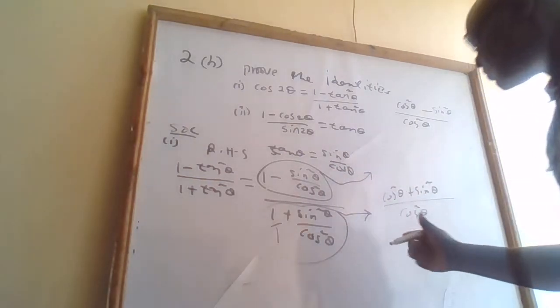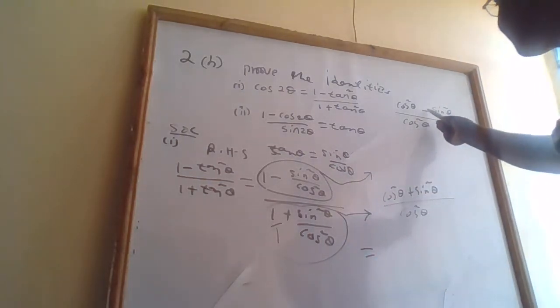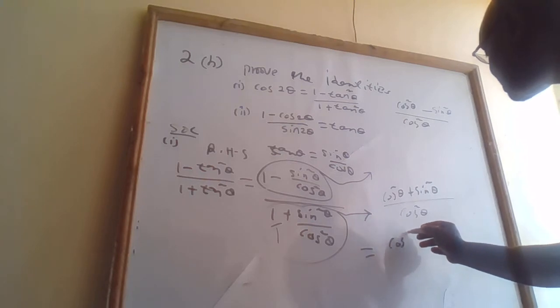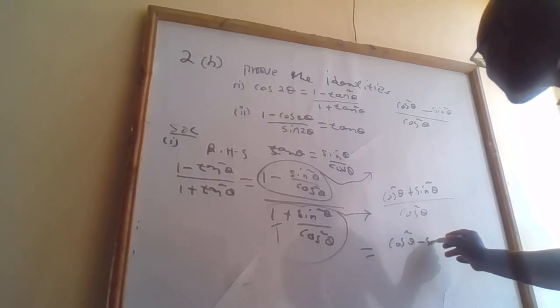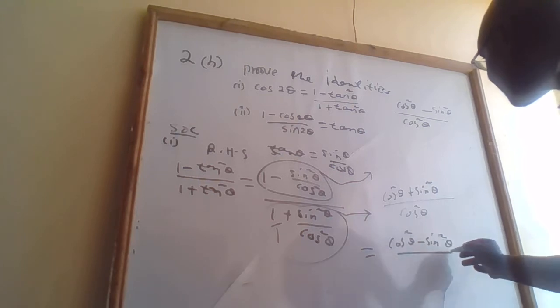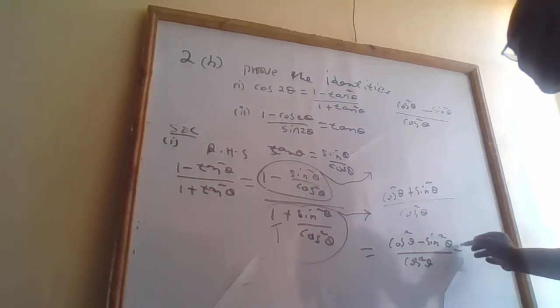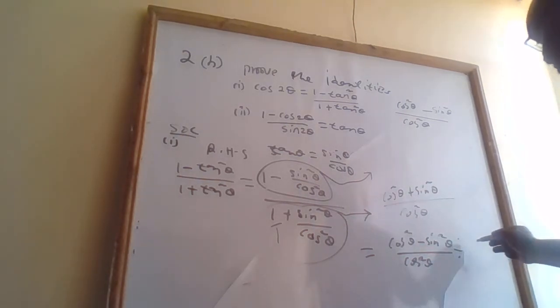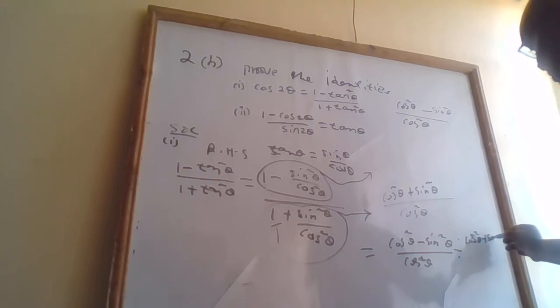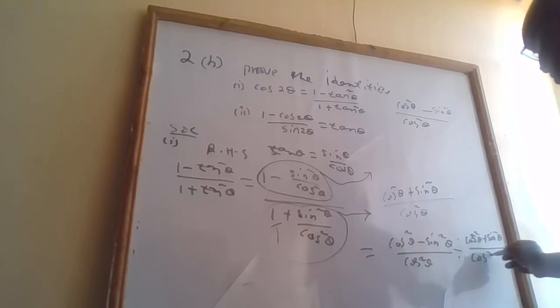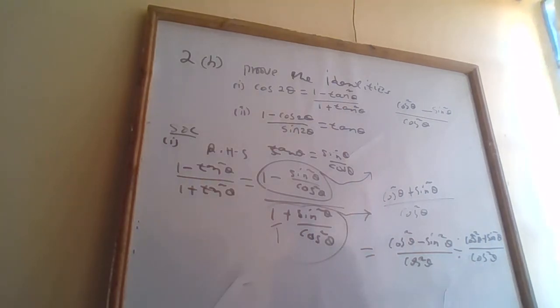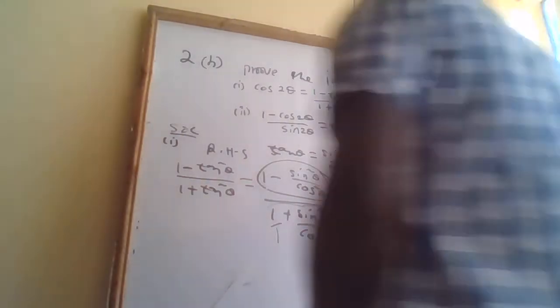Therefore, this equation will be equal to cos theta squared minus sin theta squared all over cos theta squared, divided by cos theta squared plus sin theta squared all over cos theta squared.